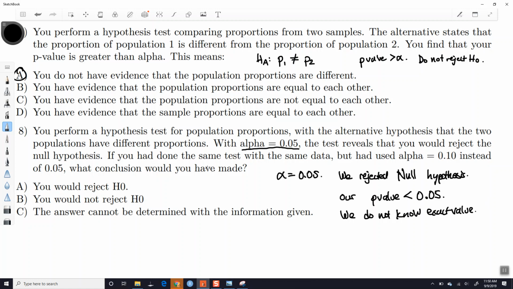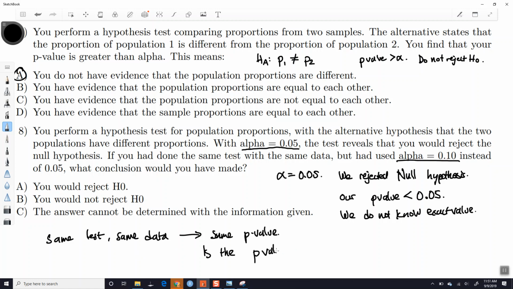Okay, all right. If we did the same test with the same data and had used alpha equal to 10% instead, what would we conclude? Okay, so same test, same data means we will get the same p-value. And so this p-value, which we don't know, is the p-value less than 0.10? Okay, we don't know the exact value of this thing, but we do know it's less than 5%.